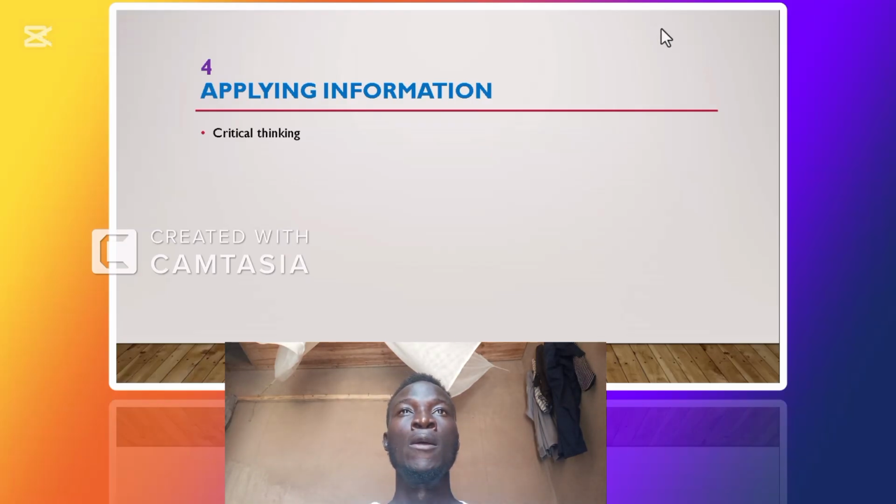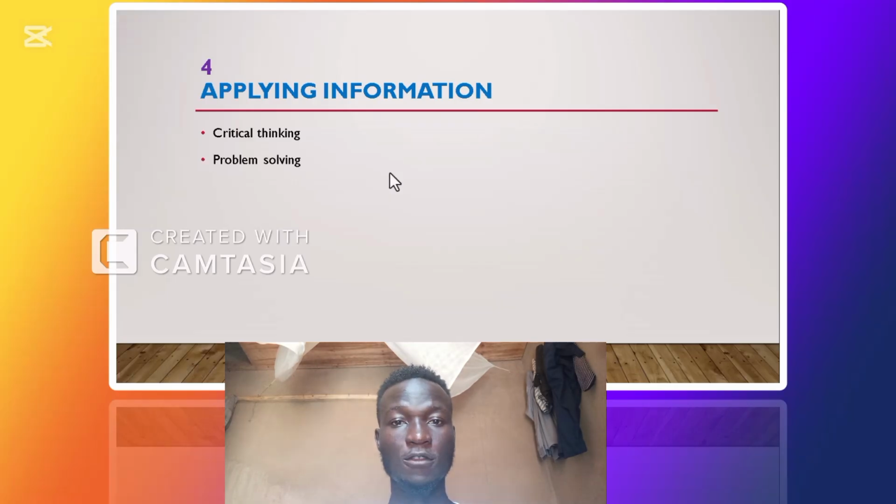For example, the first thing you need to achieve here is critical thinking, your critical thinking towards what you've just learned. If you think deeply about the information you've got, you are actually going to come up with the application.